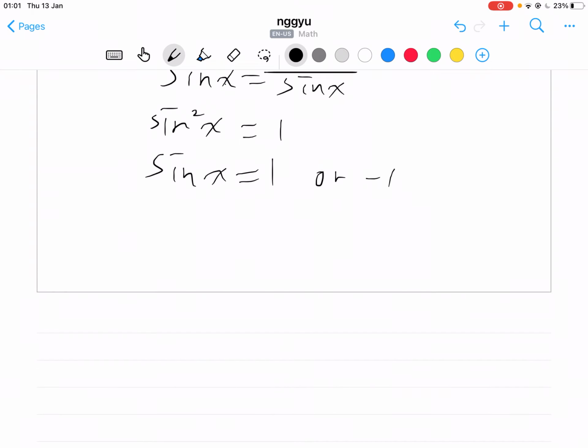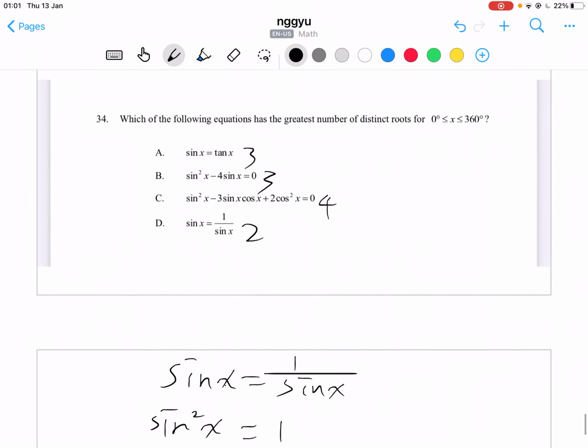When sine x is equal to 1, x is only equal to 90 degrees within a range of 0 to 360. And when sine x is equal to -1, x is equal to 270. So there are two roots. So the equation that has the greatest number of distinct roots is C.